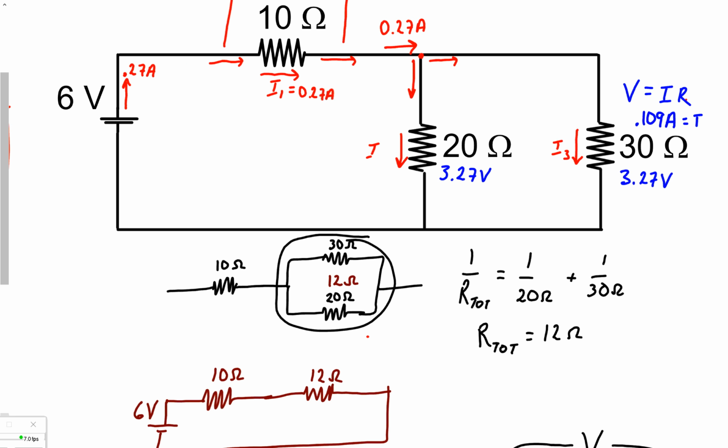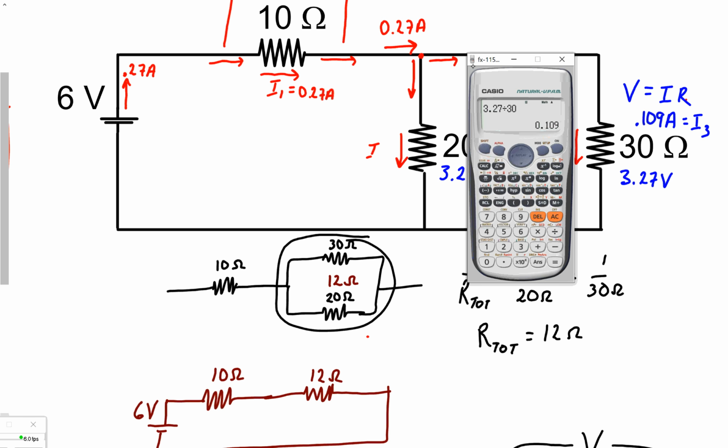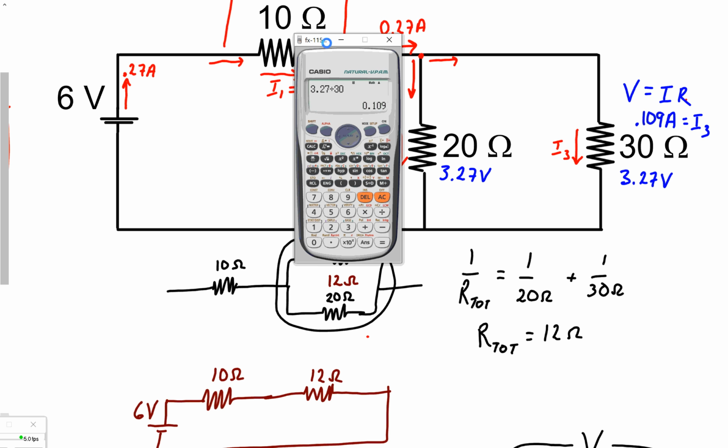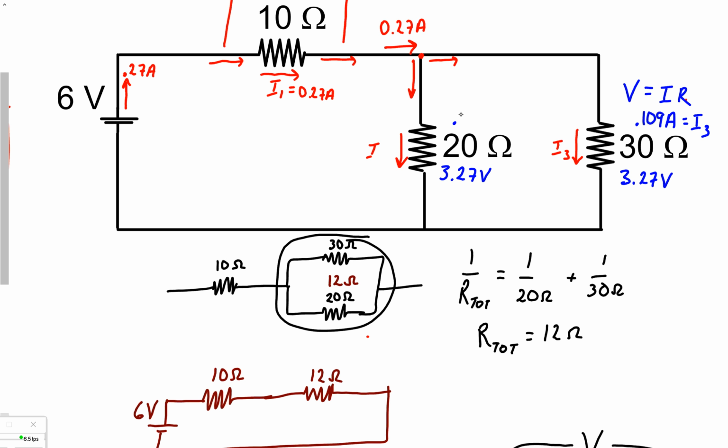So there's I3. And then likewise, if I wanted to find I2, the voltage is again 3.27 divided by 20, 0.1635 amps is I2.